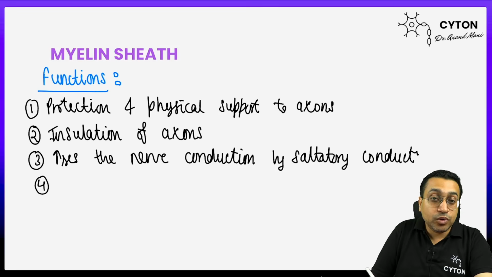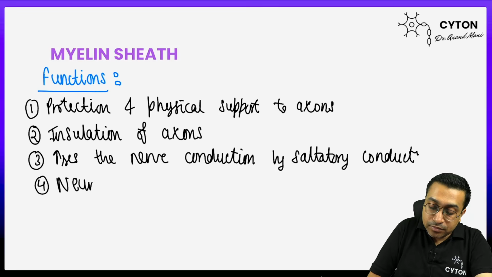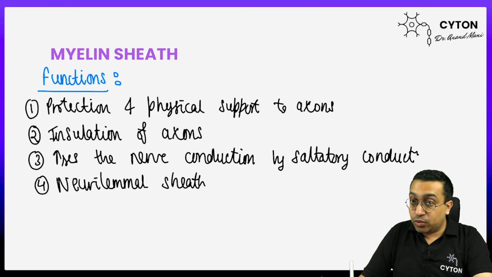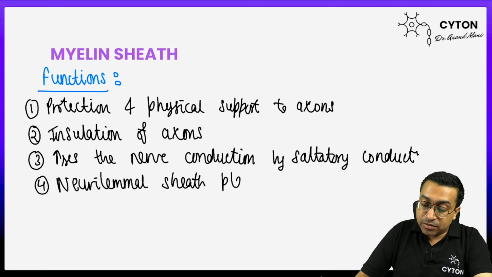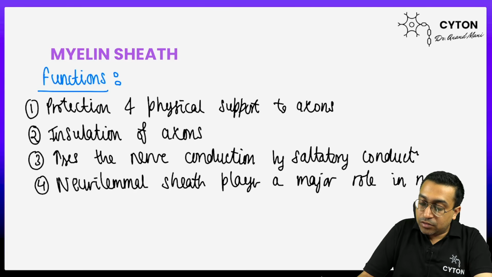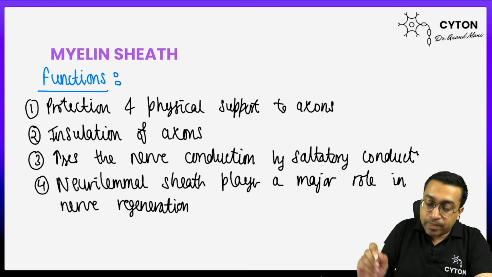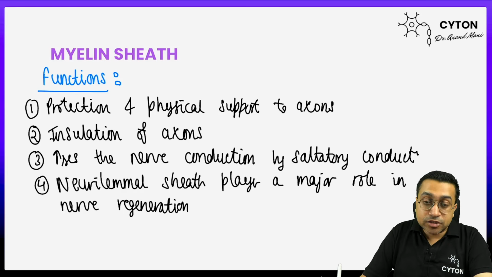Number four, the neurilemmal sheath plays a major role in nerve regeneration. So these are the main functions of the myelin sheath.